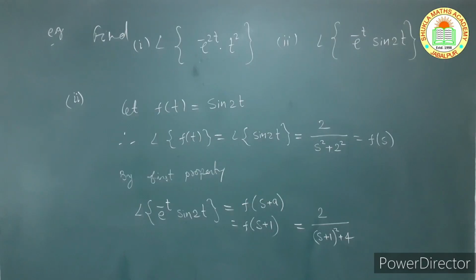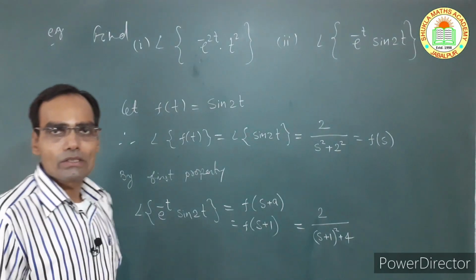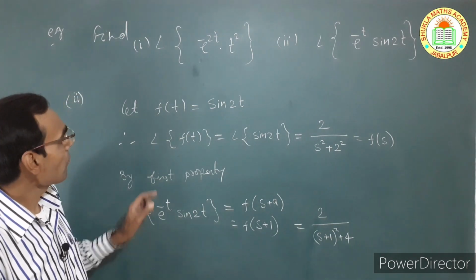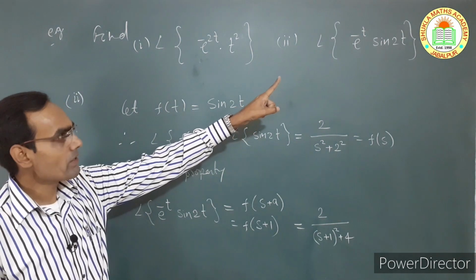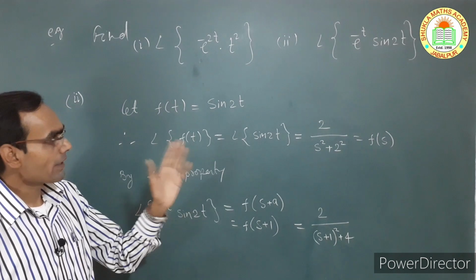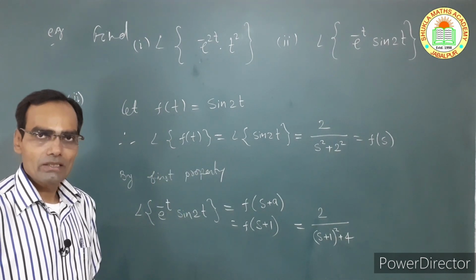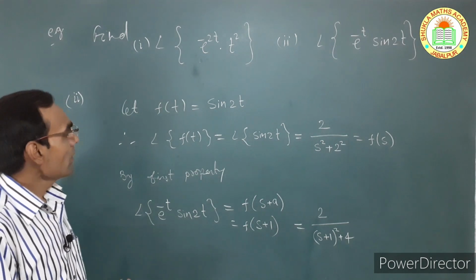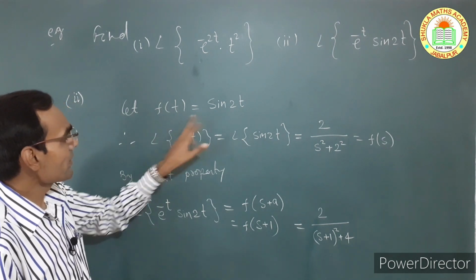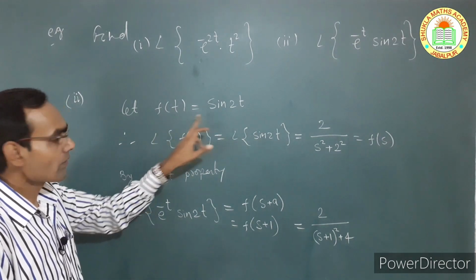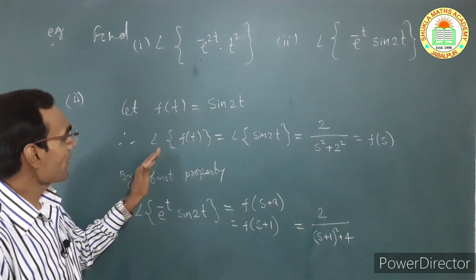Now similarly we will find the Laplace transform of the function e raised to minus t into sin 2t. It is our second problem based on the first shifting property. First we take f(t) as sin 2t, the other factor of e raised to minus t, and find its Laplace transform.